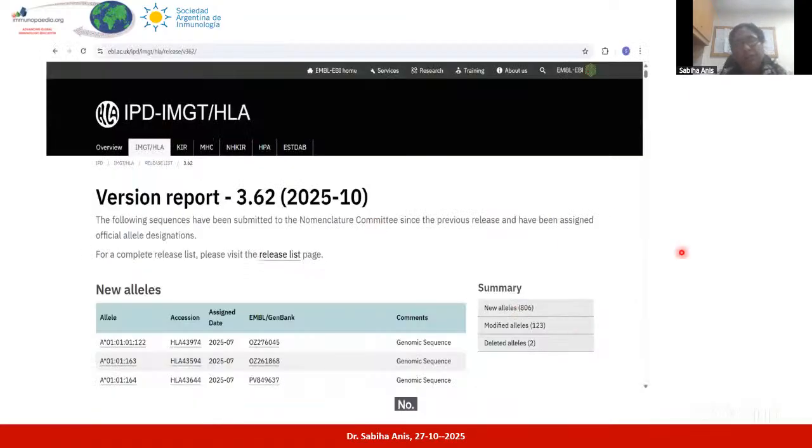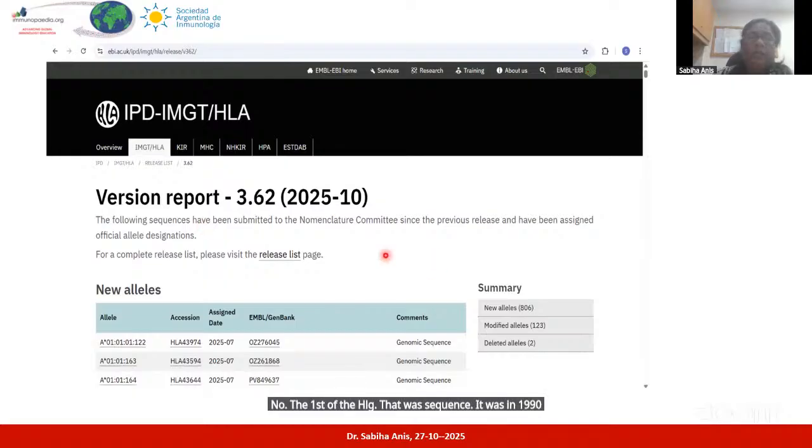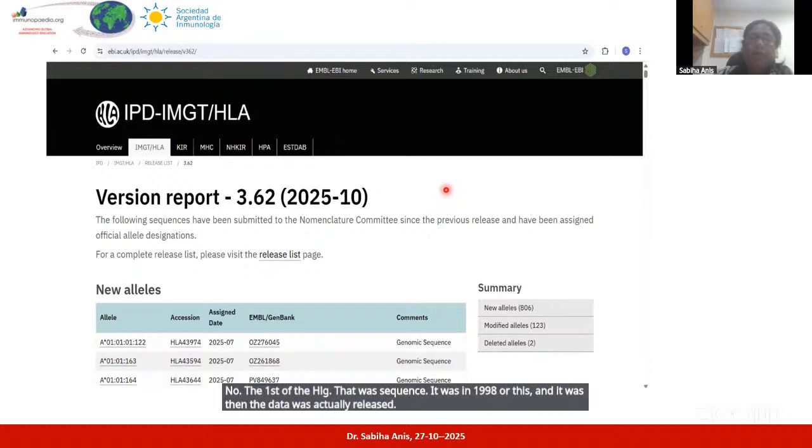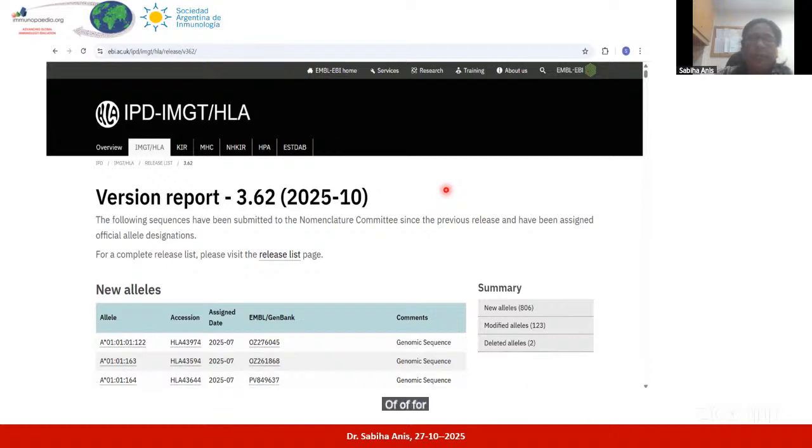Now, the first HLA gene was sequenced in 1998, and the data was then released as a collection of all HLA sequences.